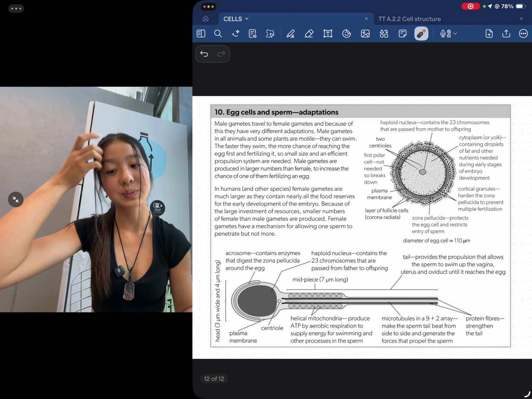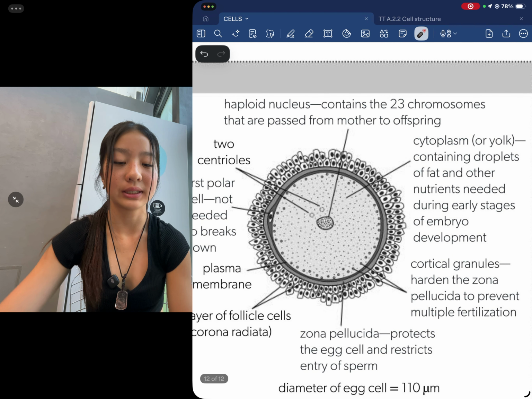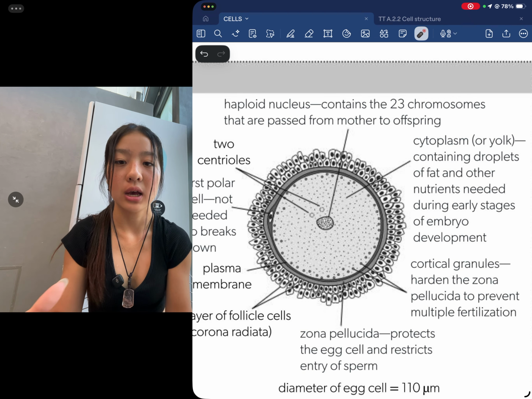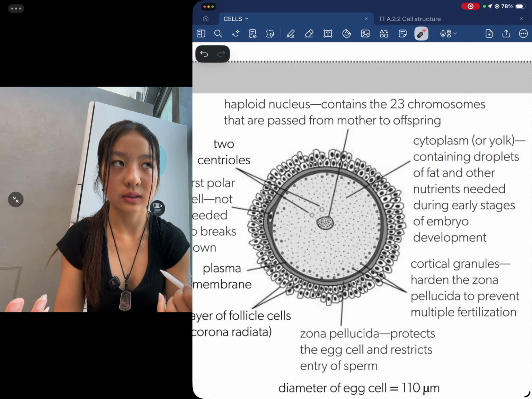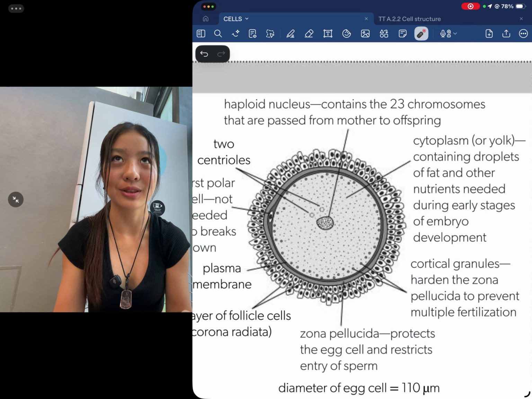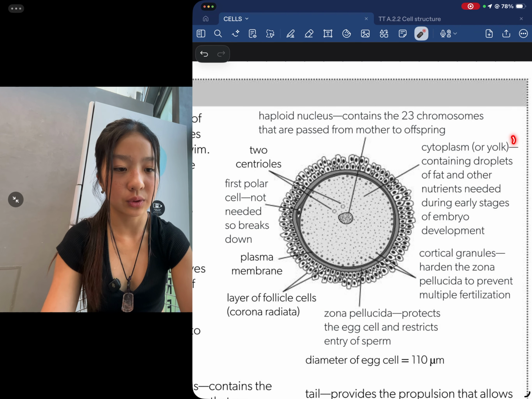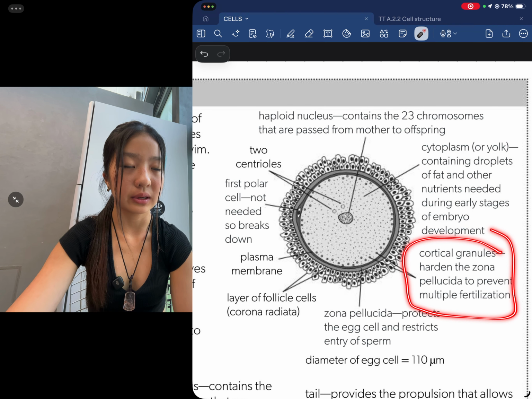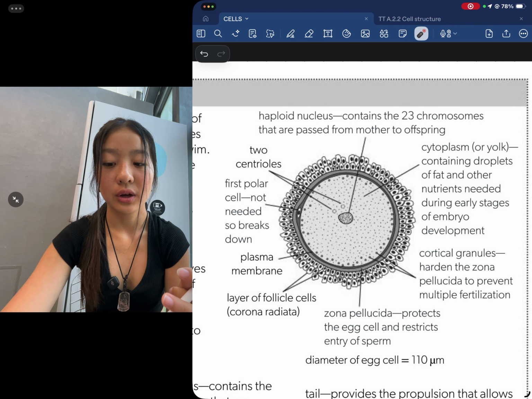Okay, and then to look at the egg and sperm cell adaptations, the main part of the egg adaptations is that it's quite big, and this means that in the chance that one does become pregnant, it has enough nutrients to support the developing embryo, so it contains lots of fat, and there are certain things on the exterior side of the egg to prevent over-fertilization of an egg, which allows babies to develop normally.